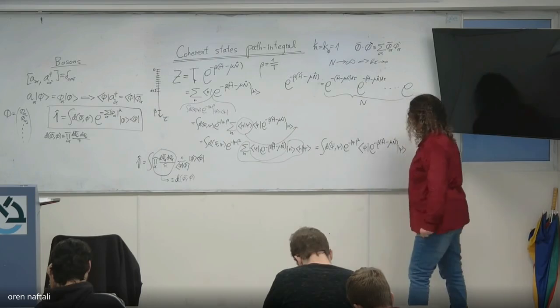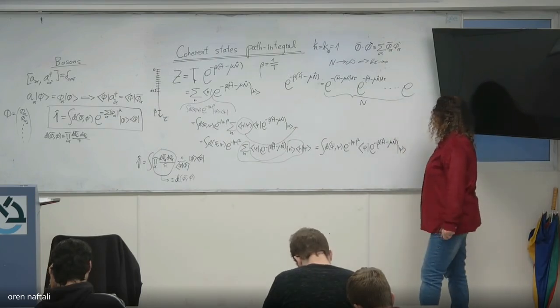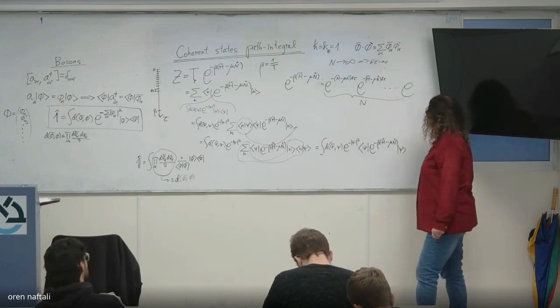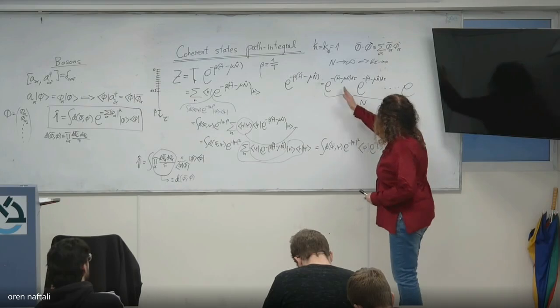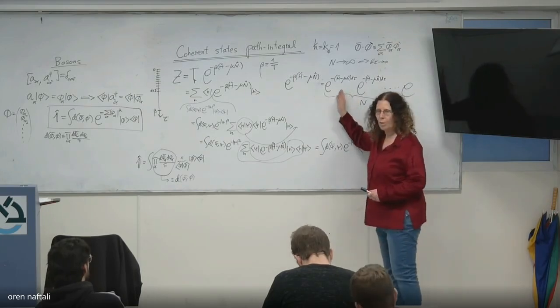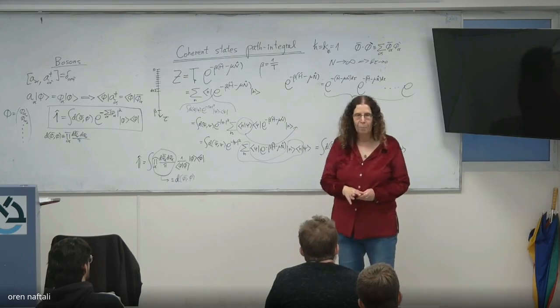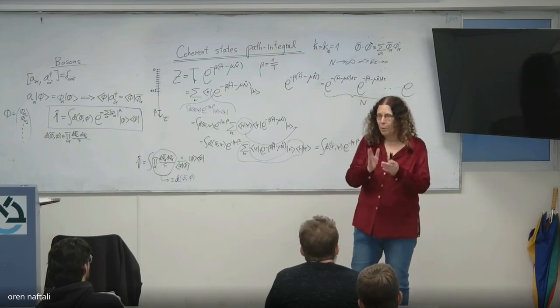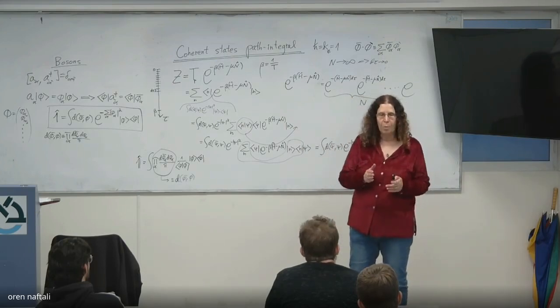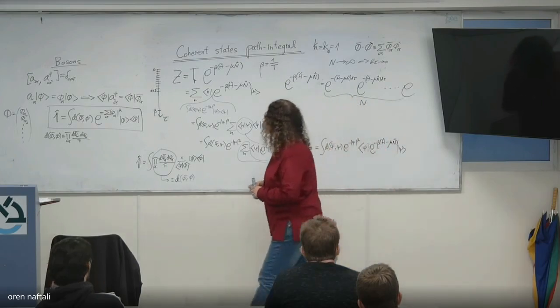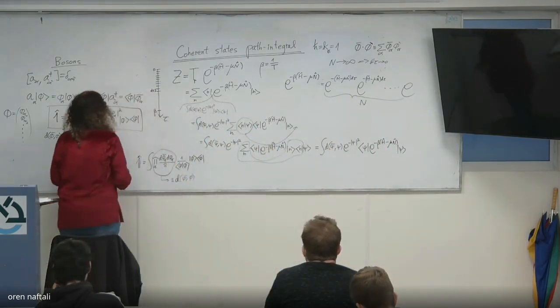And the trick that we're going to do now is to introduce in between each of the time steps a resolution of identity, but we keep track of the time step. Okay, so I'm introducing now an index j.